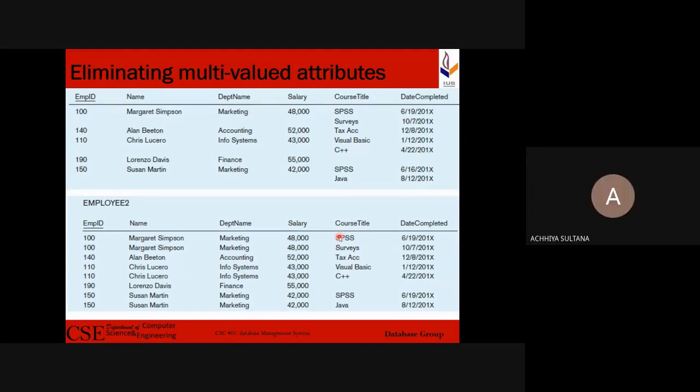Sir, a primary key cannot have repetition, so this is a problem, as it appears twice. Right. So if an attribute needs to be a primary key, there can't be any repetition. But what we found for Margaret, for Chris, and for Susan, we have repetition, right? So then the primary key constraint, are we able to fulfill it here?